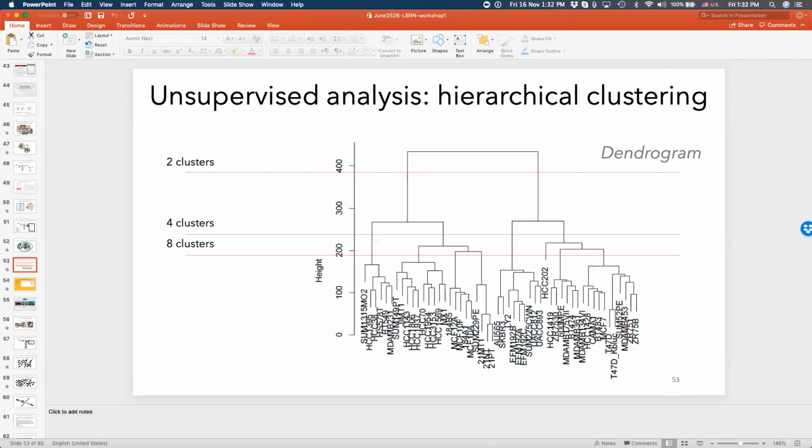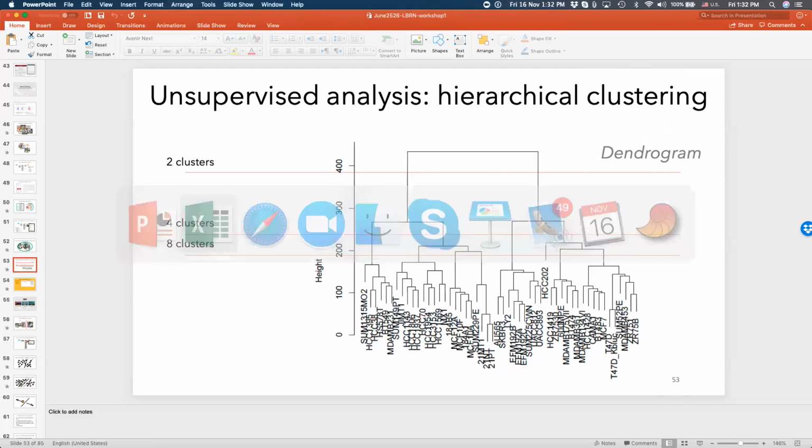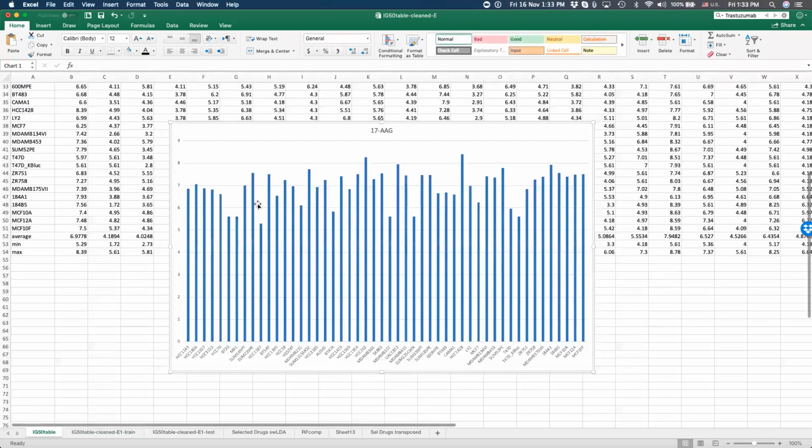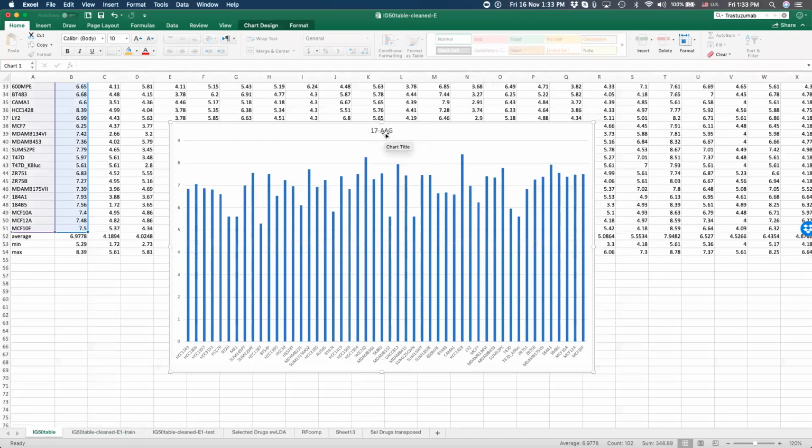How do we get a single drug, a group of drugs that is more effective or less effective for some cell line? Just like I showed you in here, right? So if we take a look at this drug right here, 17AAG, we know that this drug is more effective for some, so all the high values, and less effective for others.